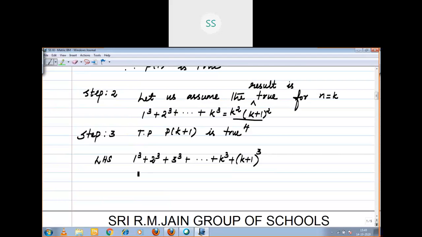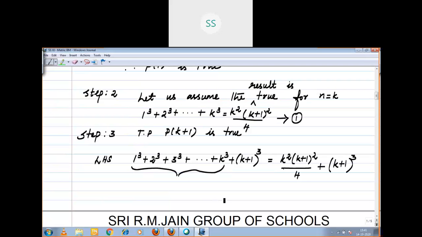The previous term is k cube. This is your equation number 1. See here, 1 cube plus 2 cube plus 3 cube plus k cube equal to k square into k plus 1 the whole square by 4. So the curly bracket I drew can be replaced by k square into k plus 1 the whole square divided by 4 plus k plus 1 the whole cube.